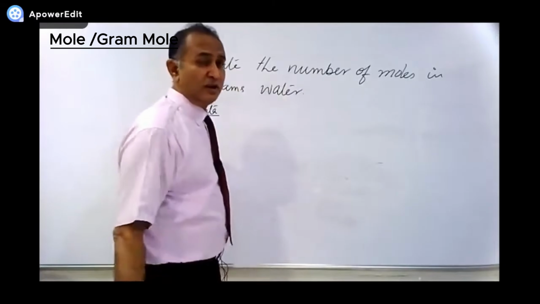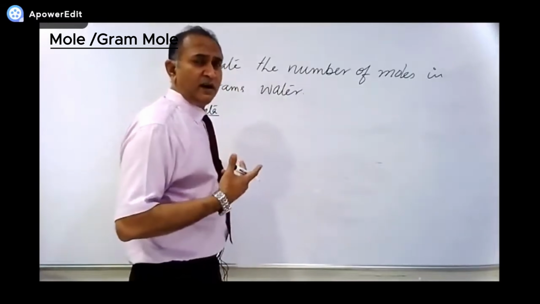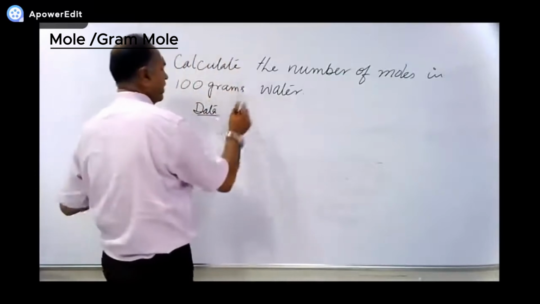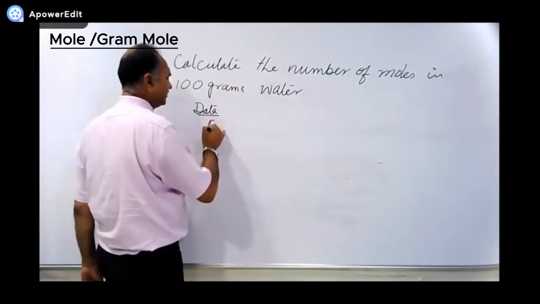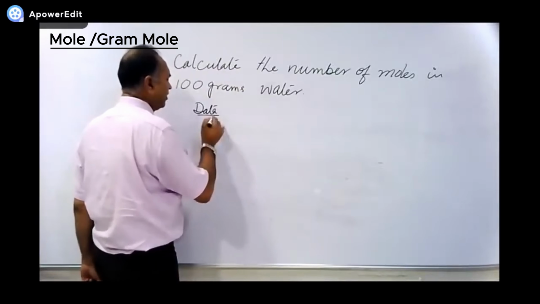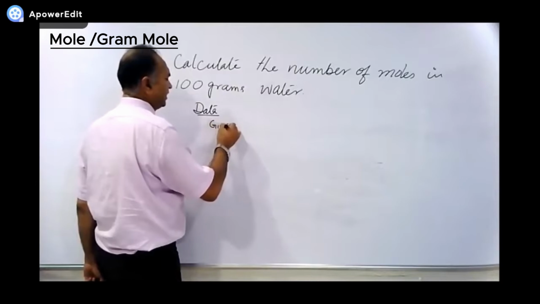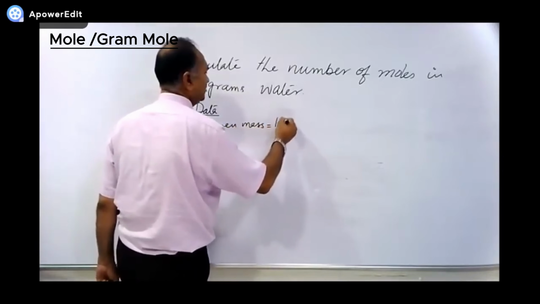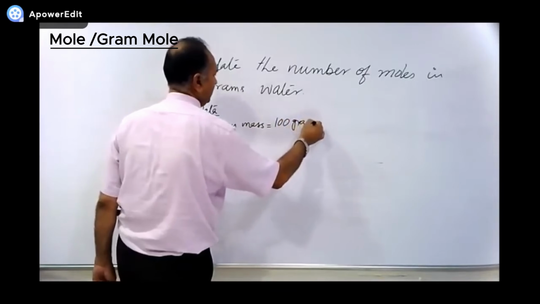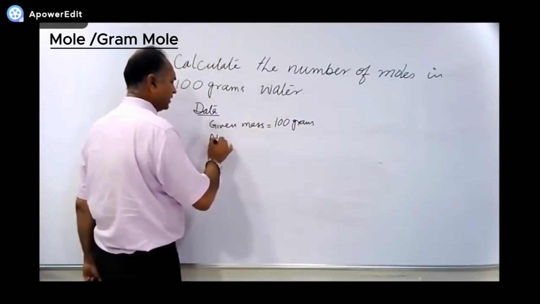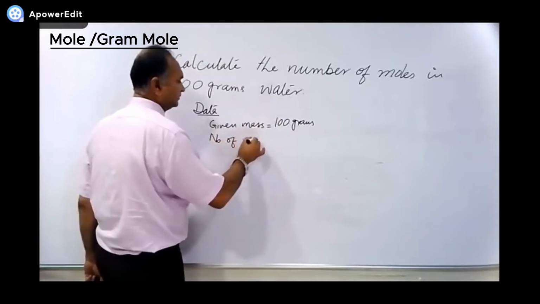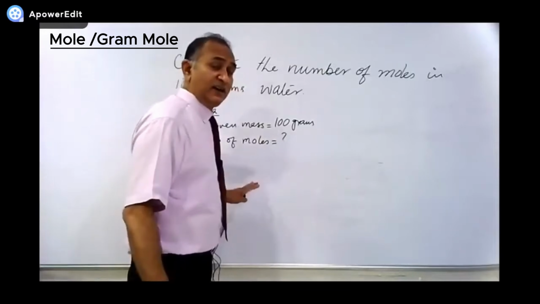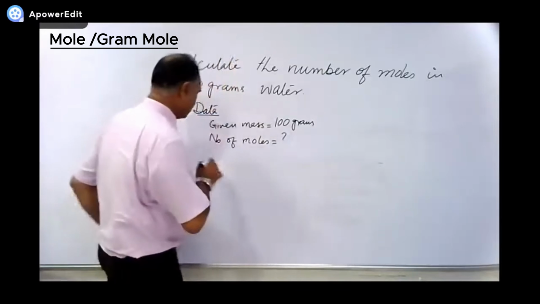So after reading the question, you can understand that something is given to us and a point is asked. So what is given to you? 100 gram of water. This will be called given mass. How many grams? 100 grams. And what is asked? Number of moles. So clever students can, I think, predict the solution.